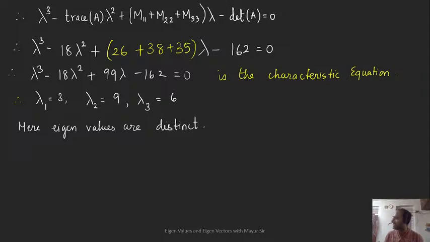So immediately whenever you get the eigenvalues distinct, write: eigenvalues are distinct, hence matrix A is diagonalizable. Yeah, absolutely correct. Thanks. Matrix A is diagonalizable.